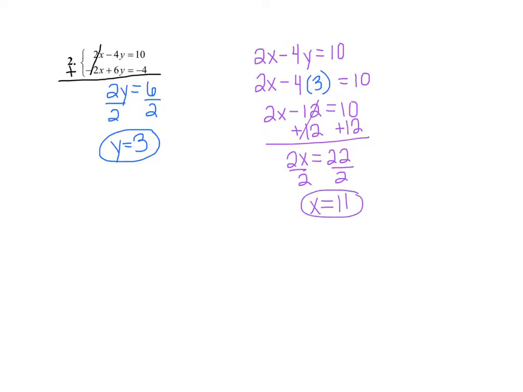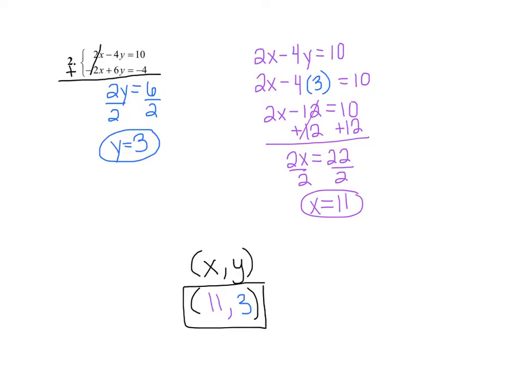X equals 11. So now your final answer is going to be in coordinate form, x, y. And our x value is 11, and our y value is 3. So our final answer is 11, 3.